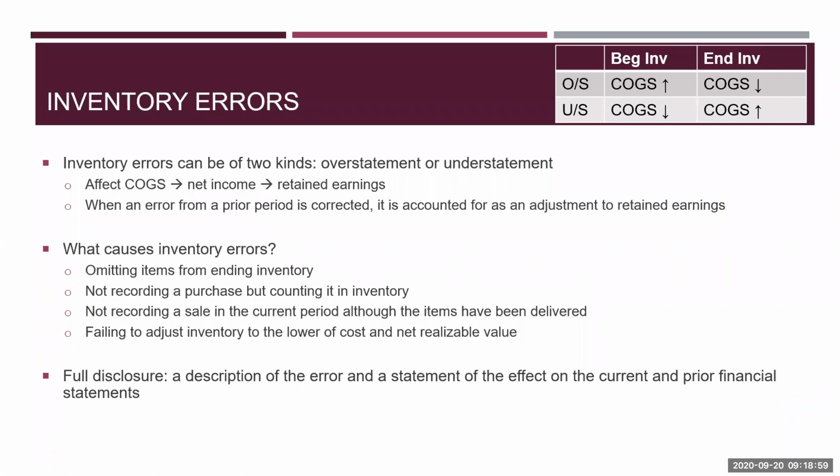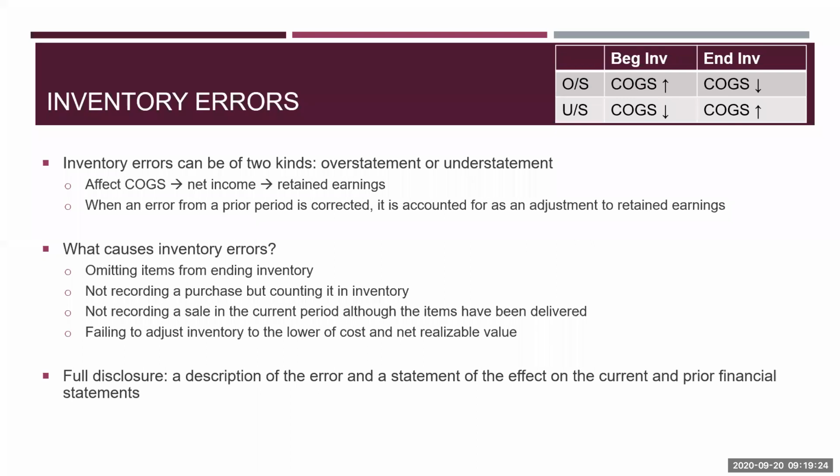If any of those things happen, they are going to throw your cost of goods sold and your ending inventory out. So again, there will be two pieces of impact. One is your retained earnings. When we adjust our retained earnings, it has to be adjusted net of income tax, especially if you're doing prior period adjustments.